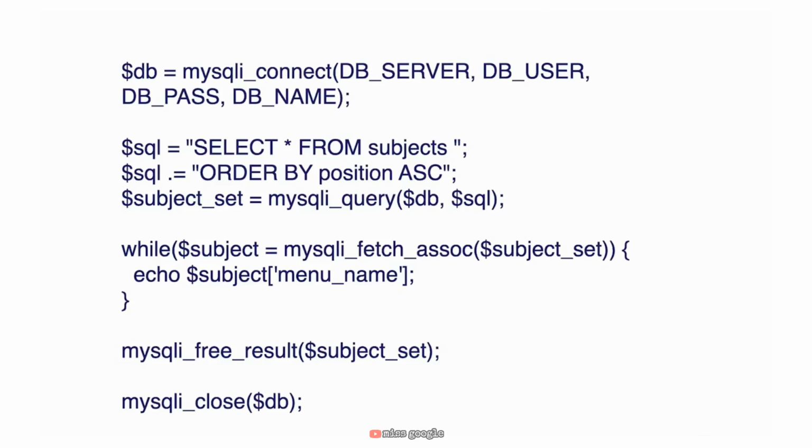So every time it grabs another row from that result set and assigns it to subject as an associative array, and using this type of while loop is a common way to iterate through the records in a result set. Then I can work with those results. Here I'm just simply echoing back the menu name. And then when I'm done working with those results, I can free up the result using MySQL free result, and then finally close the database connection.